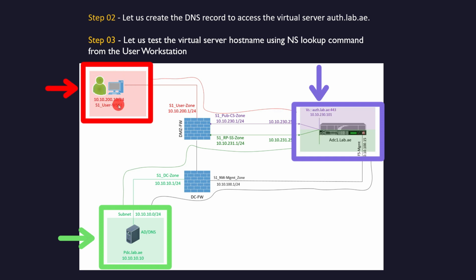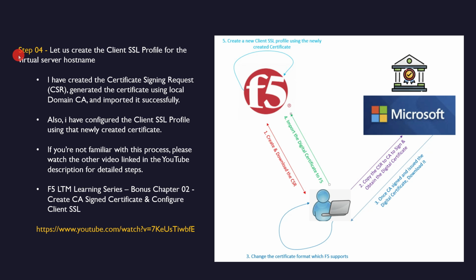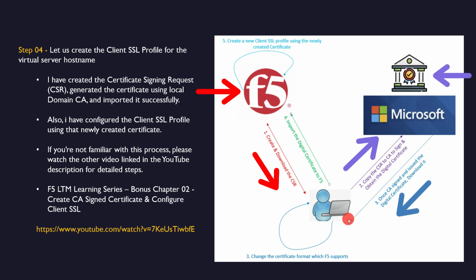In step 4, let us create the client SSL profile for the virtual server hostname. I have created the certificate signing request in F5, then signed the CSR using the local domain CA and obtained the digital certificate.